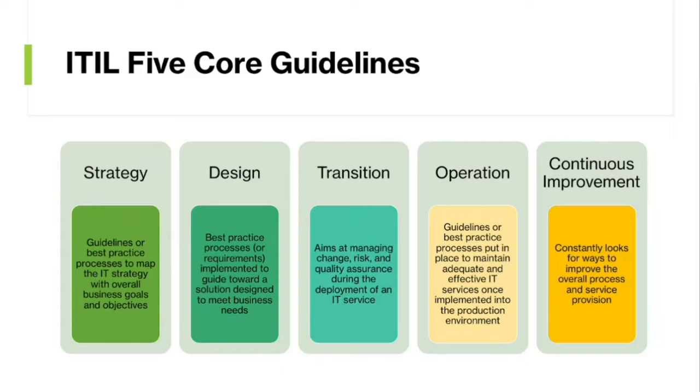Transition aims at managing change, risk, and quality assurance during the deployment of an IT service. Operation guidelines are best practice processes put into place to maintain adequate and effective IT services once implemented in the production environment. And lastly, continuous improvement. This is constantly looking for ways to improve the overall process and service provision.